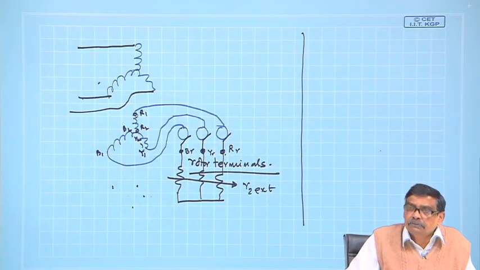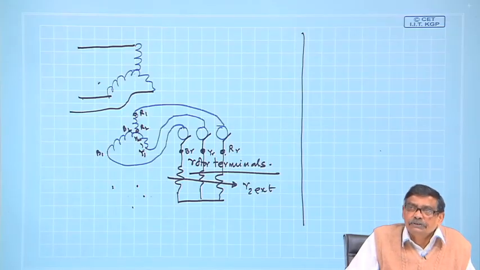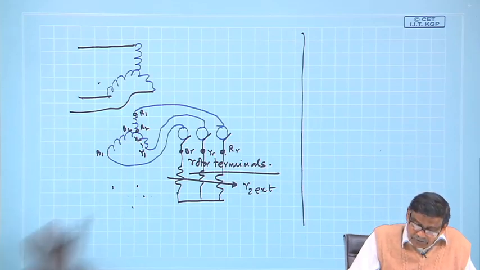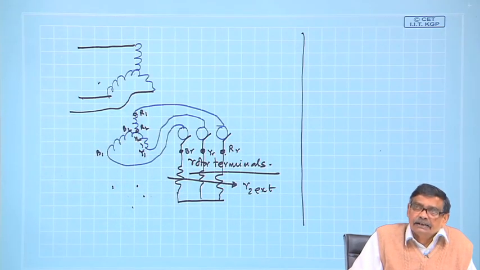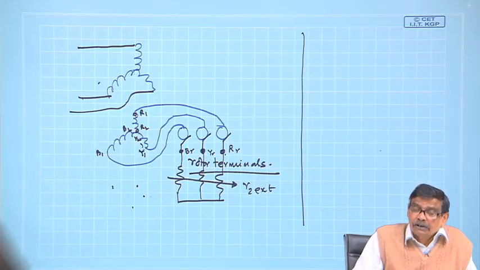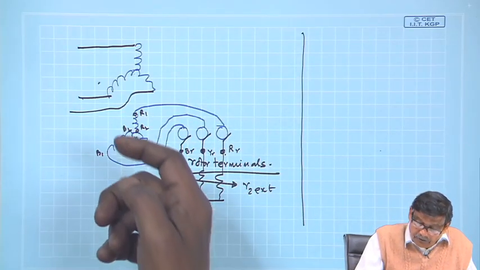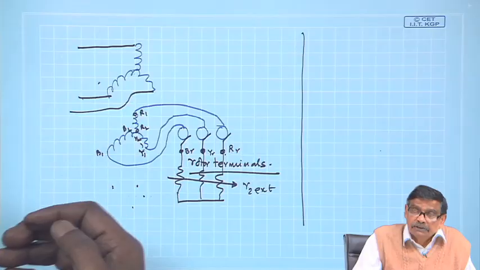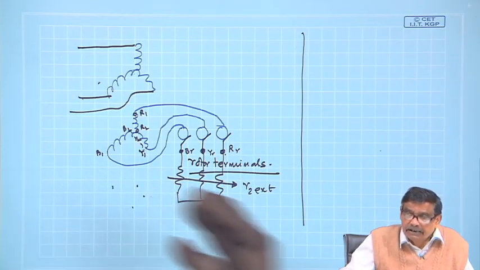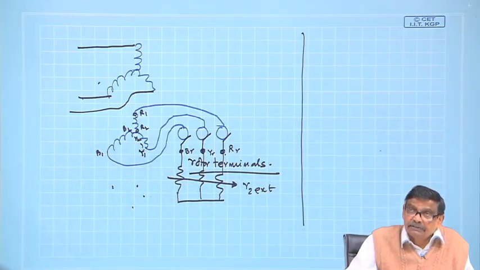Then what is the problem? The problem is that you have to use 6 slip rings and 6 brushes. So, it is really not done like that. You will never see a 3-phase induction motor with 6 terminals coming out from the rotor for R1 R2, Y1 Y2 and B1 B2, because then the shaft length of the machine will increase, with 6 slip rings and 6 brushes.